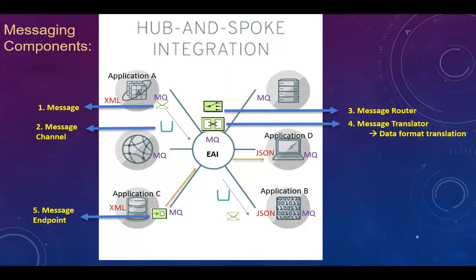So totally, we have five messaging components. One, two, three, four are the main ones. The fifth one depends upon how complex or how old your application is. Based upon compatibility, the messaging endpoint comes into the picture. So these are the important messaging components.